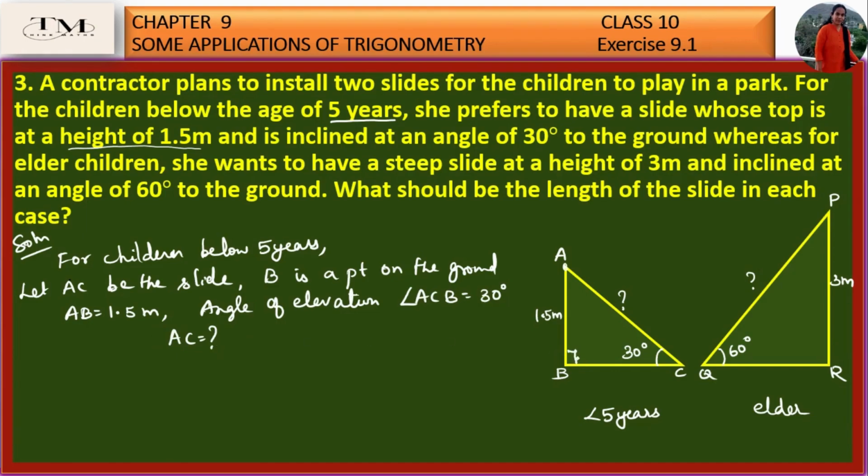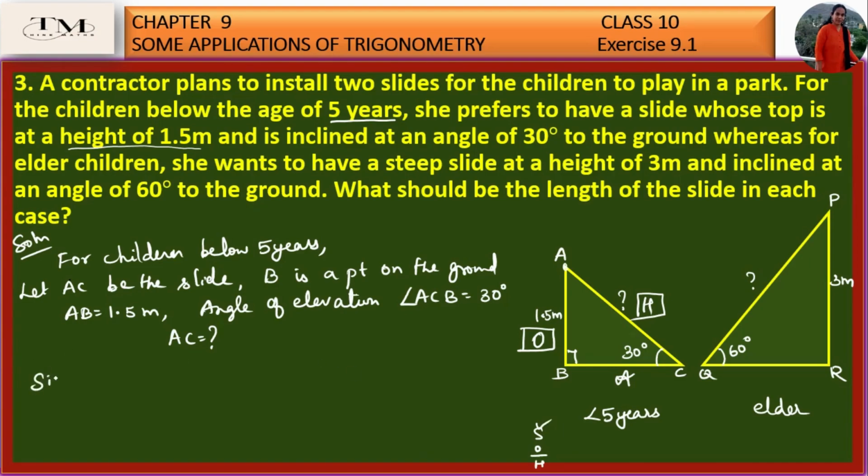So this is 90 degree. 90 degree opposite is hypotenuse. 30 degree opposite side, this is adjacent side. What we know? We know the opposite side. What we have to find? We have to find out the hypotenuse. So it is between opposite and hypotenuse. So sine matches for opposite and hypotenuse.